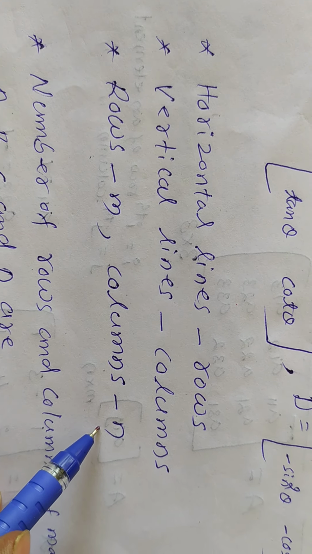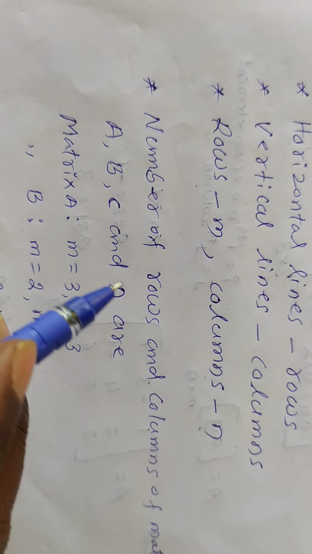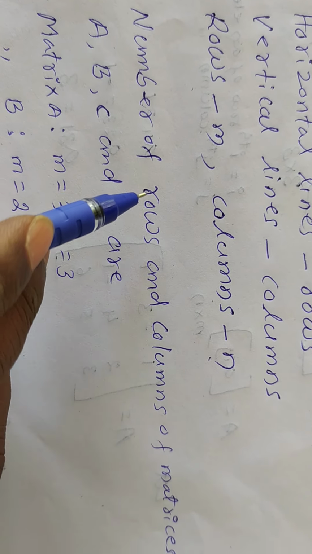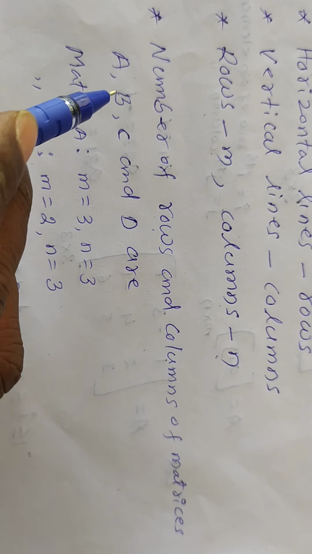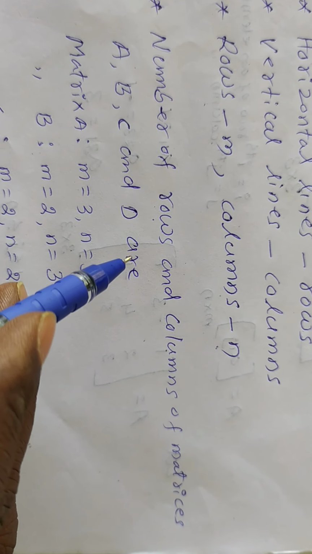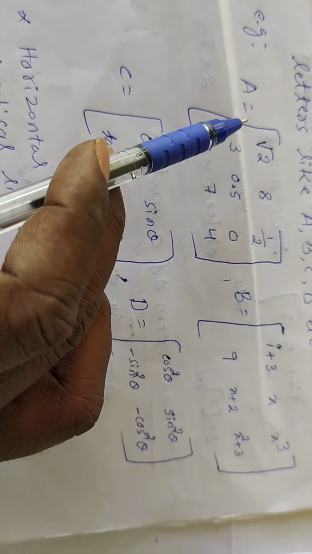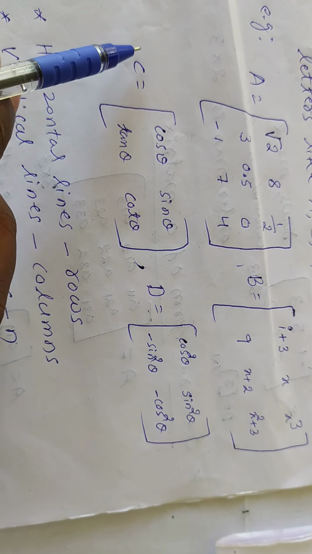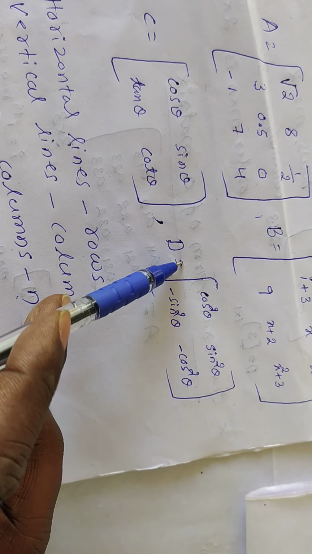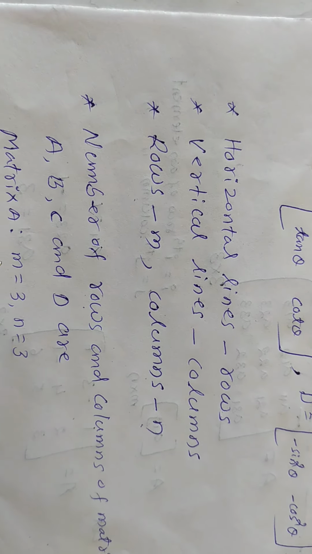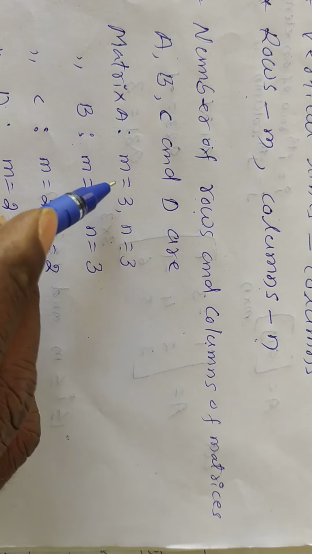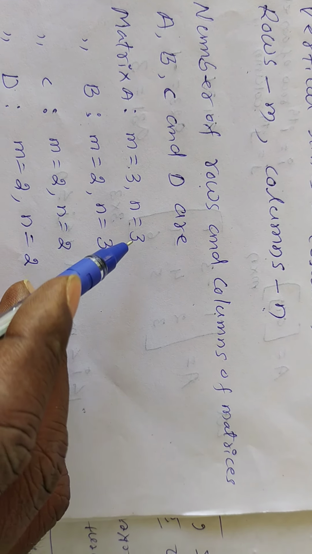Now, the number of rows and columns of matrices A, B, C and D. See here, we have 4 matrices A, B, C and D. Matrix A has 3 rows and 3 columns.